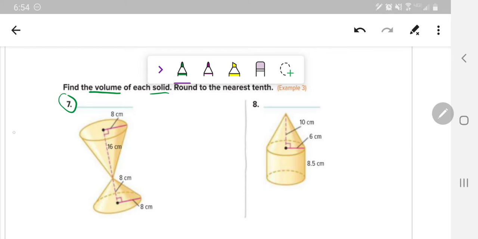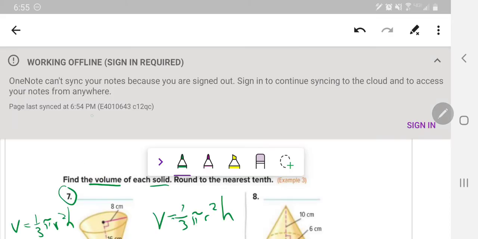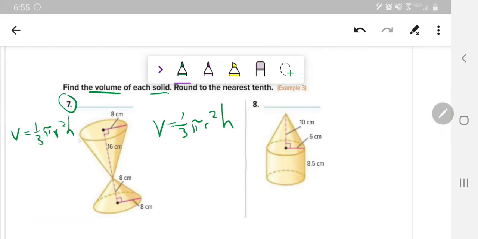So what I'm going to do is write down volume equals 1/3 pi r squared h. This top one is going to be calculated there. This bottom one is going to be calculated there.